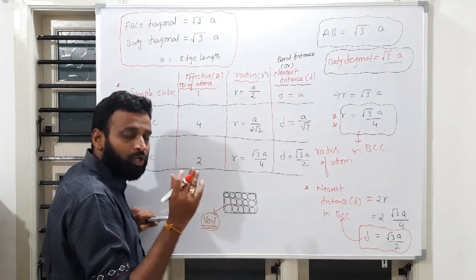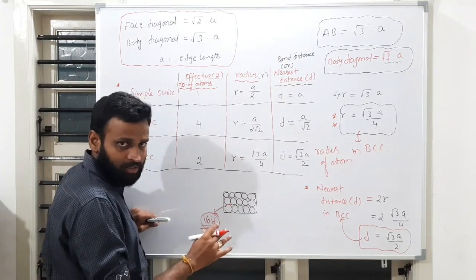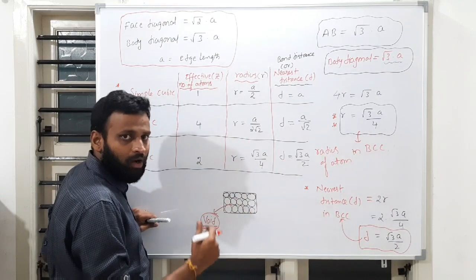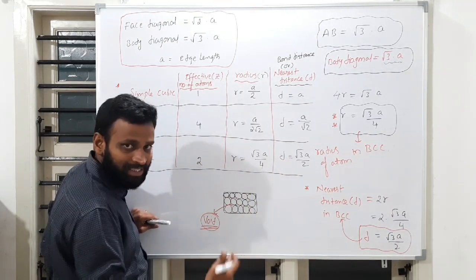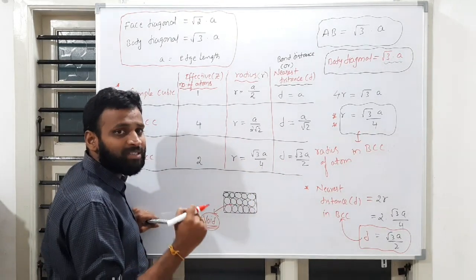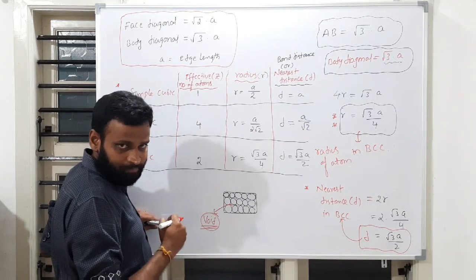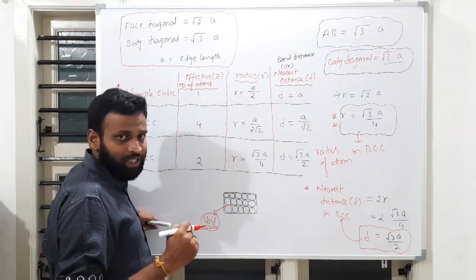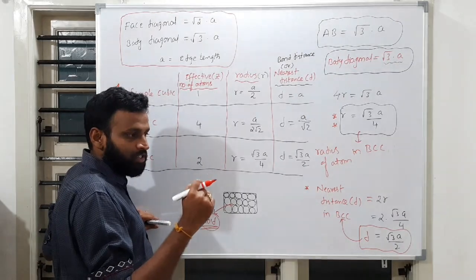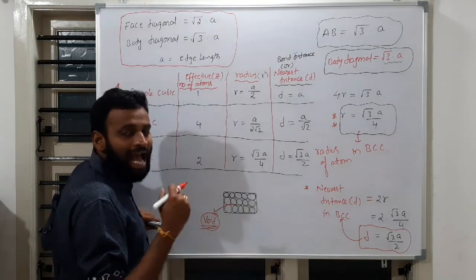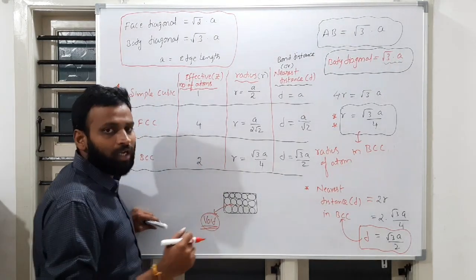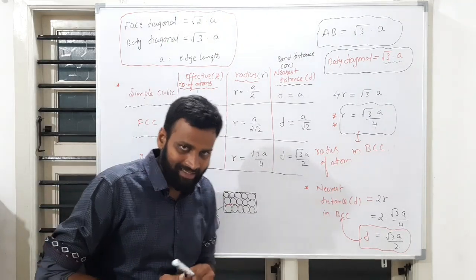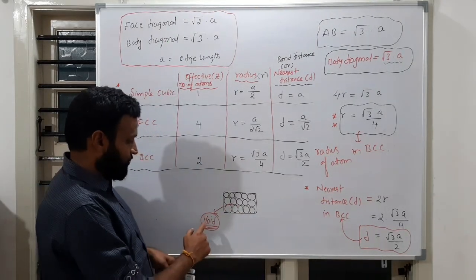How much is occupied by atoms in simple cubic, or FCC, or BCC, we call that packing efficiency. Packing efficiency means the space occupied by atoms in a unit cell; that we will discuss in our next class. So today, simply remember about voids.